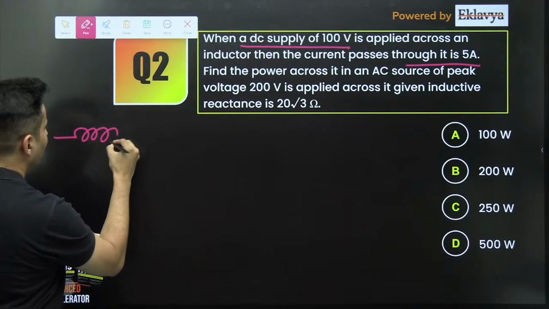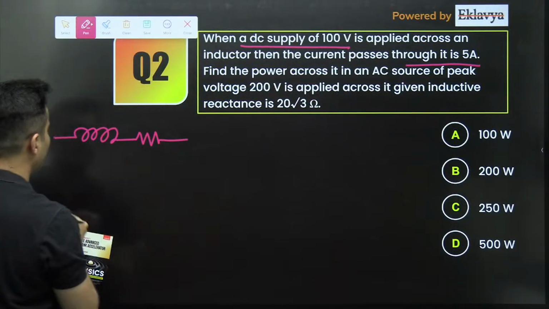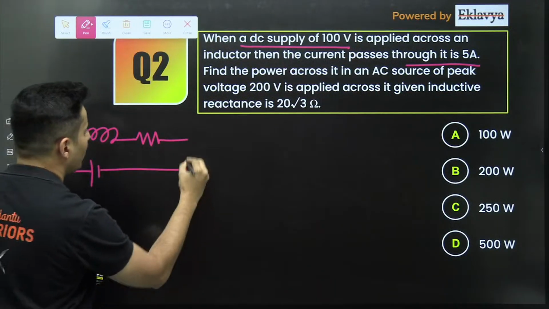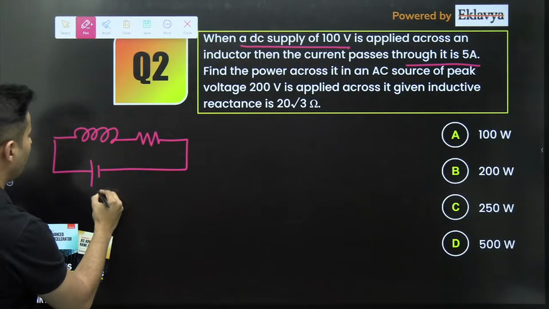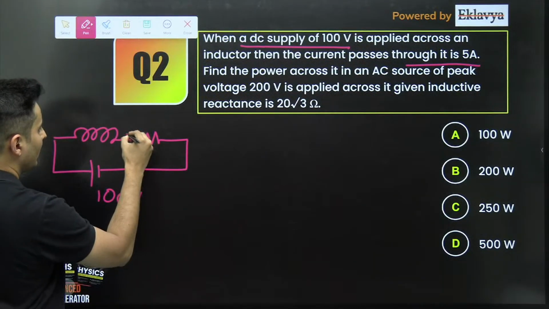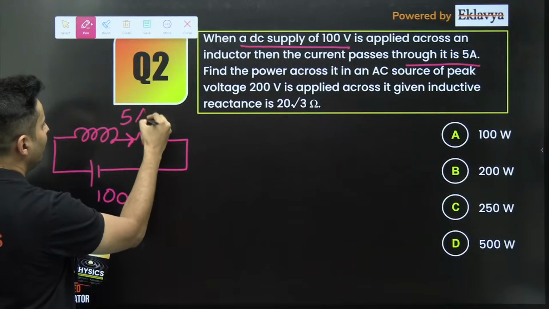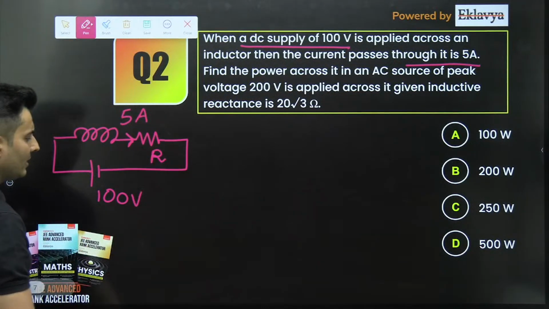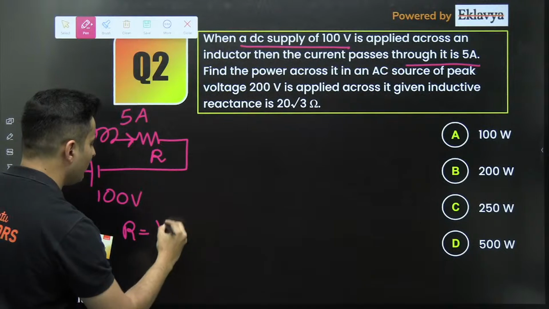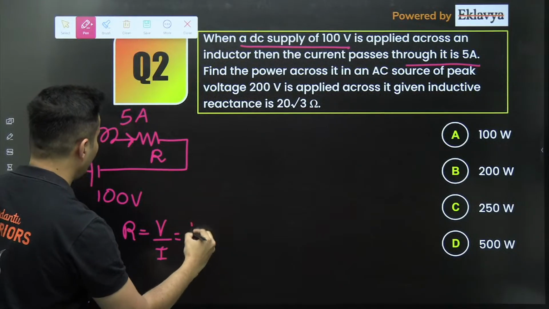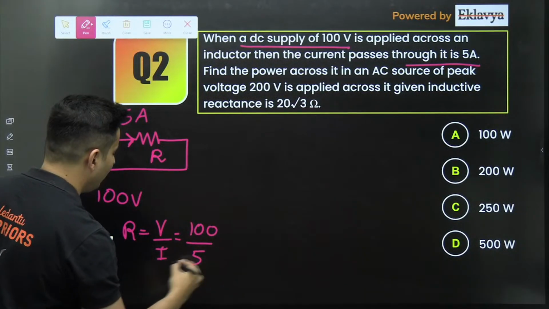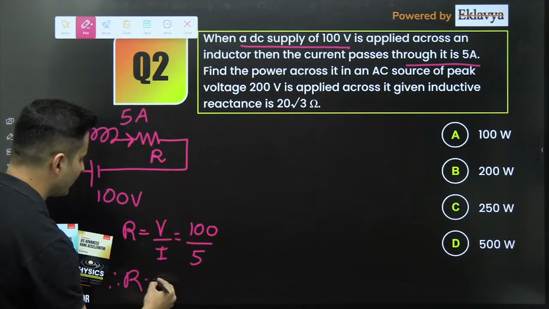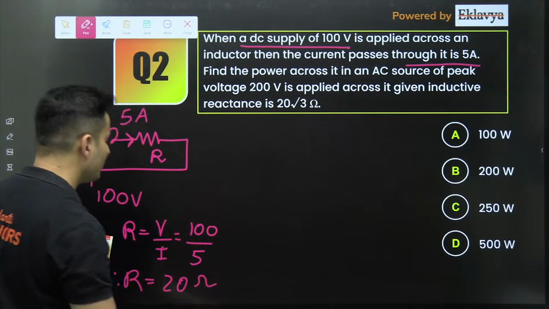That means the inductor has some resistance. That resistance will be voltage by current. Voltage is 100, current is 5. So the resistance should be 20 ohms.